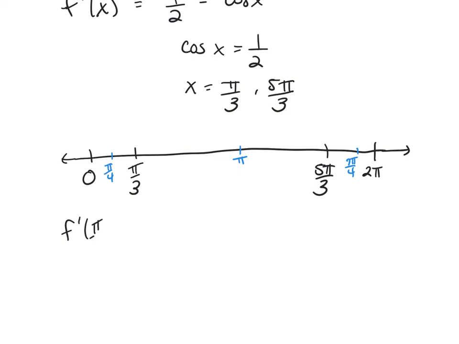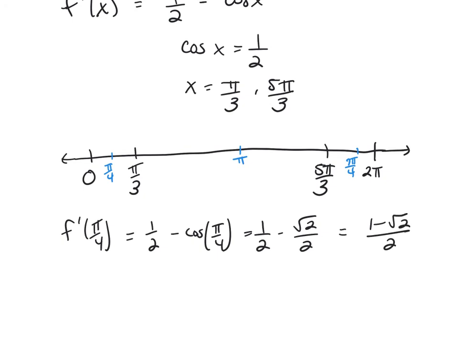F prime of pi over 4. It's 1/2 minus cosine pi over 4. 1/2 minus square root of 2 over 2. So the numerator here, square root of 2 is bigger than 1, so that's negative over a positive. So this will be a negative.